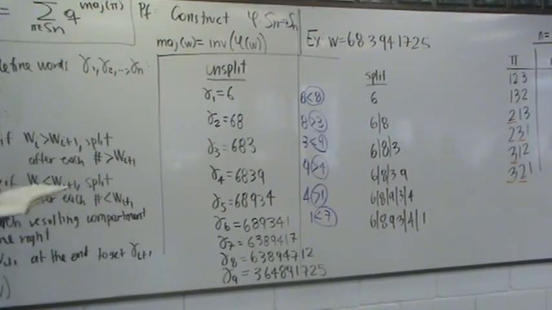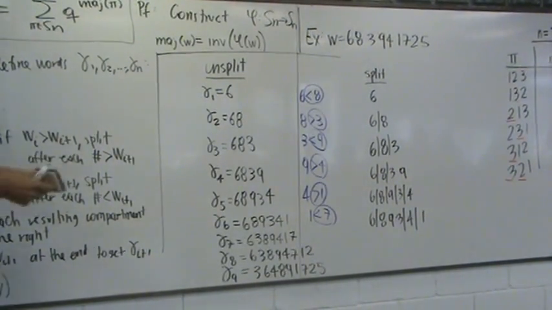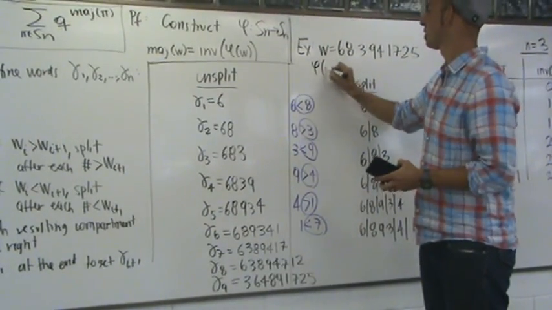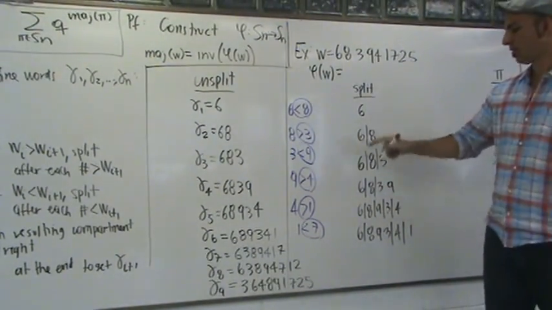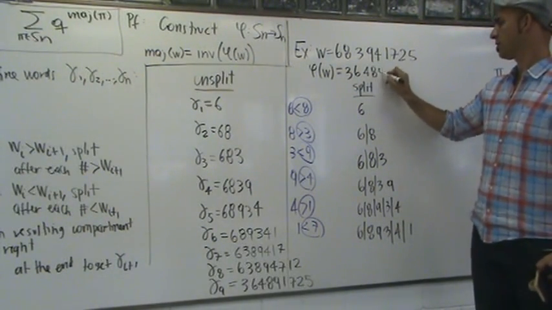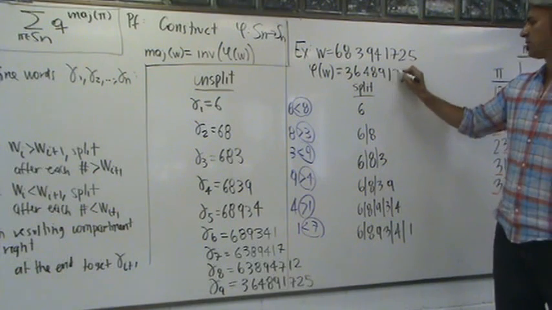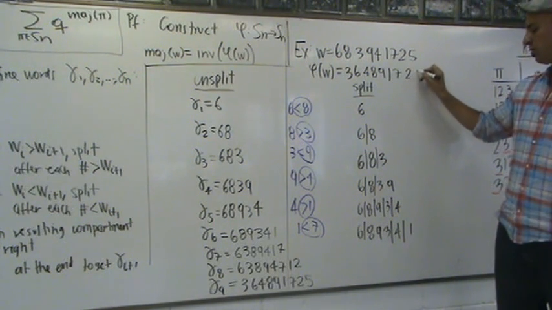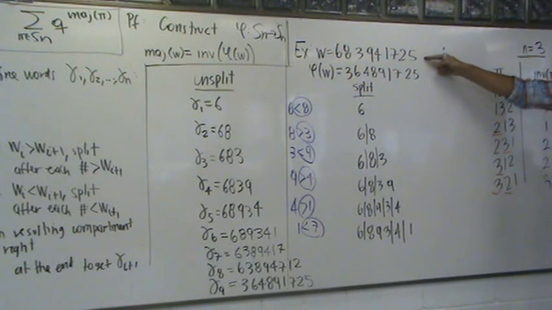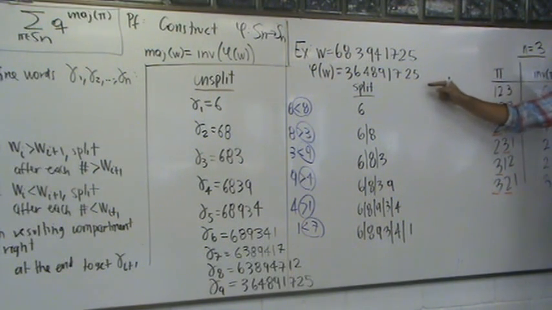And so the end result of this bijection, very strange bijection, is that phi of W is this thing, 3, 6, 4, 8, 9, 1, 7, 2, 5. Okay? And my claim is that the major index of this guy is the number of inversions of this guy.